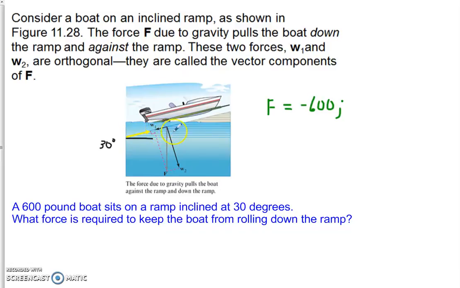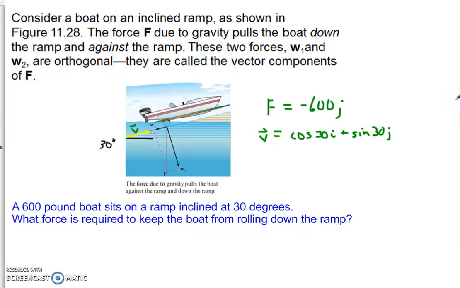Alright, and so the vector v, let's figure out, let's call this vector v here. And what is that vector? I notice it's going across. This is a 30-degree angle here. And if I just did the unit vector, which is probably the easiest, I would say vector v is equal to cosine of 30 degrees i plus sine of 30 degrees j.